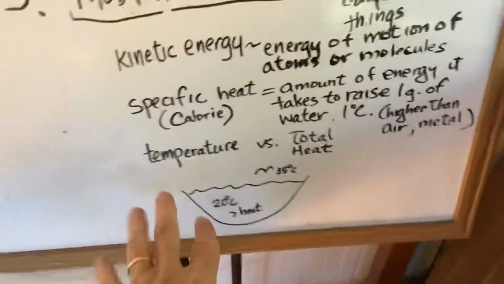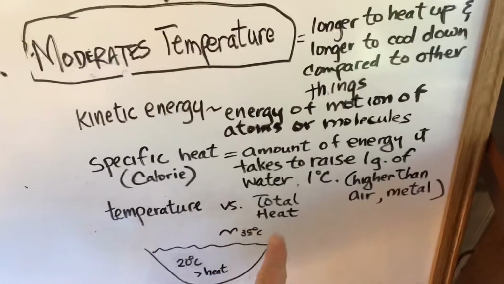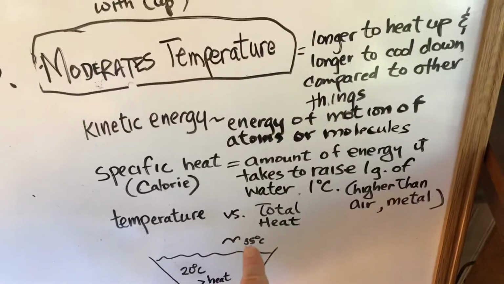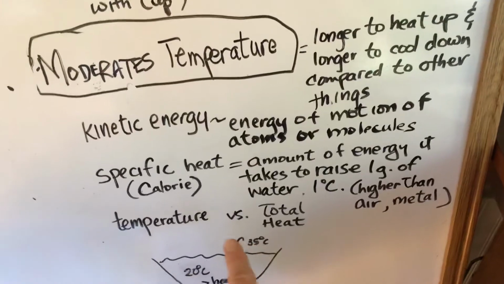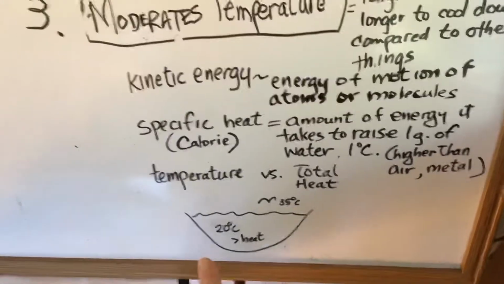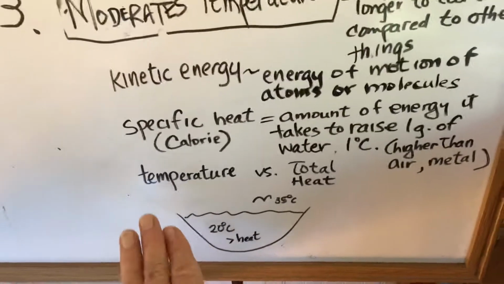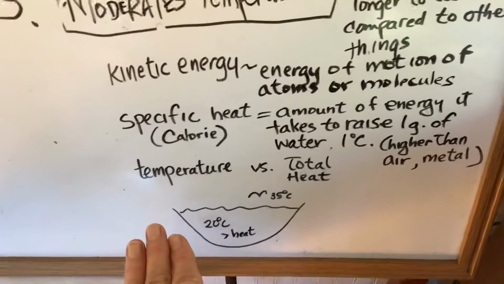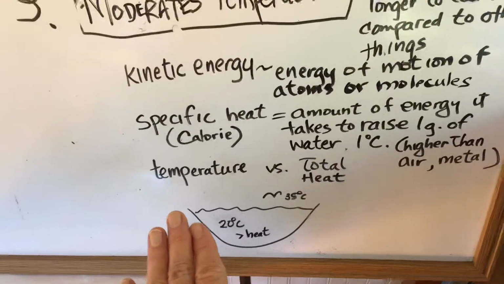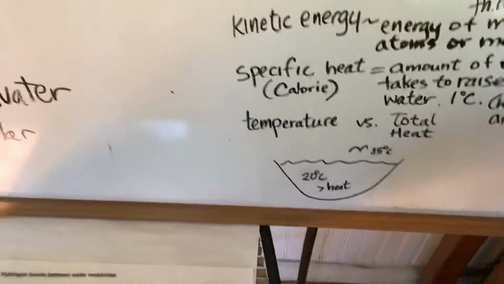So let's say I'm looking at a lake versus a bird. A bird may in fact have a higher temperature, say for example 35 degrees C. That might be kind of high, but something around there for a bird, whereas the lake water might only be, say, 20 degrees C, but because the lake is so much larger, it would have a higher total amount of heat. So I just wanted to talk about that a little bit.